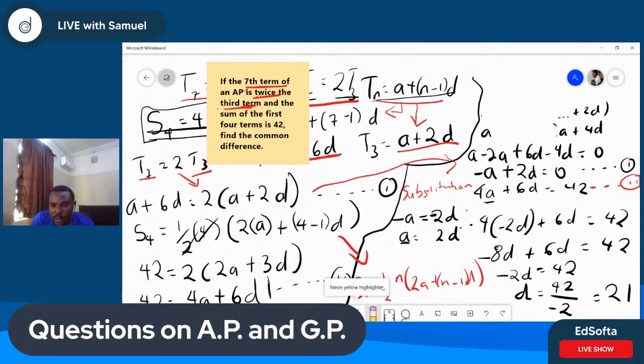So this becomes 2d, this becomes 8d, which will make it 14d, I mean.